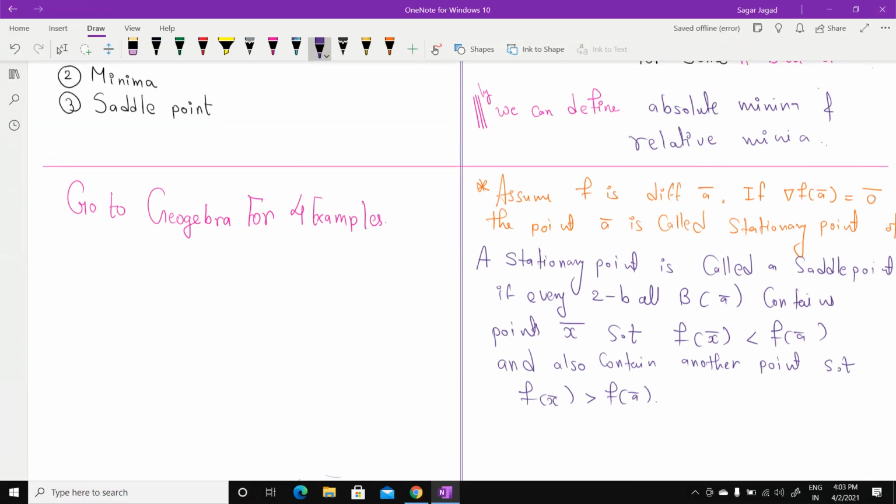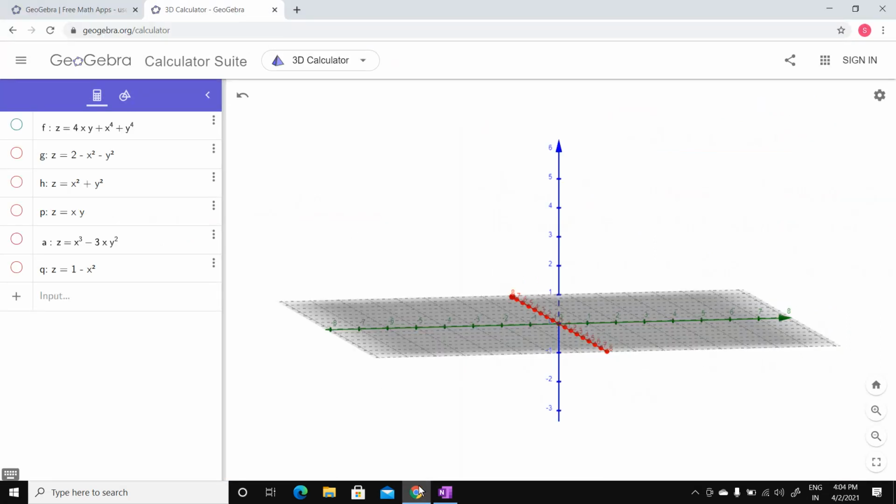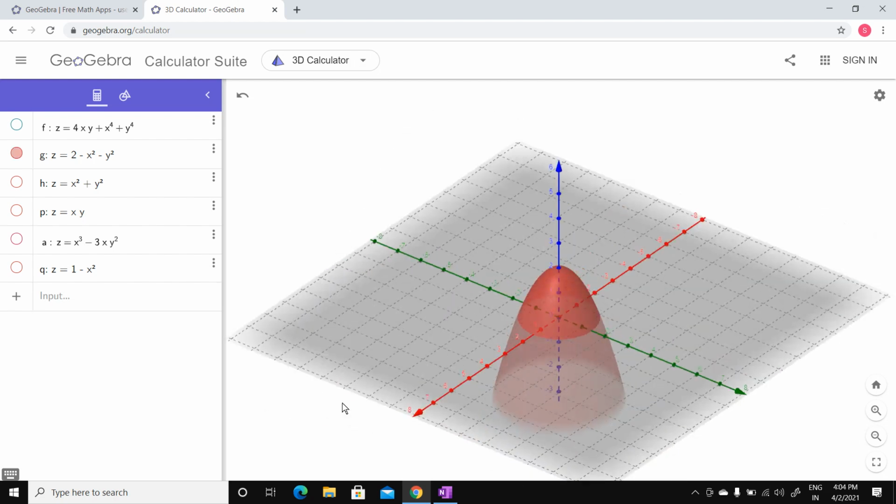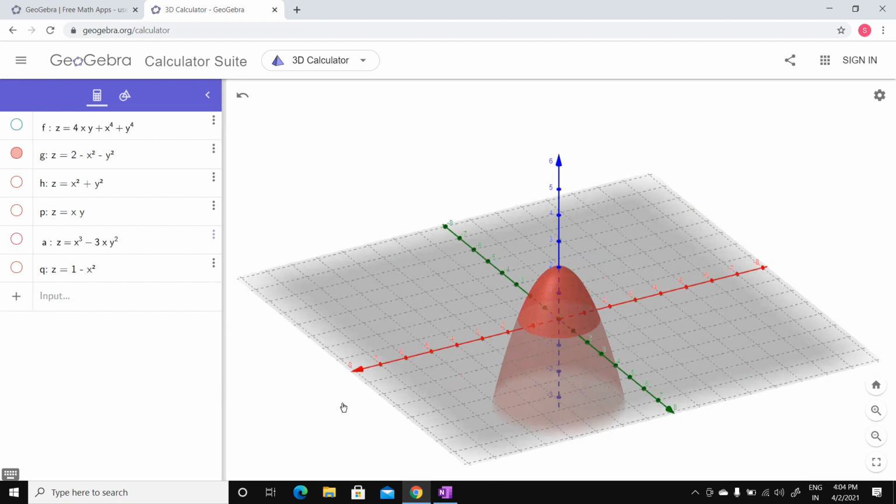Okay, so I just went to a site where I had already written 4 examples for all of you. The first one that we'll discuss is this. If you see this function, it is nothing but z equals 2 minus x square minus y square, right?